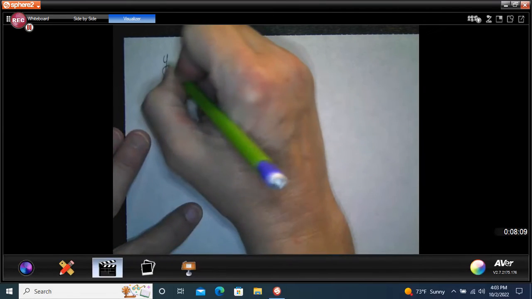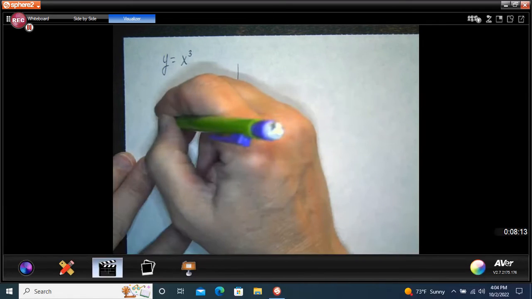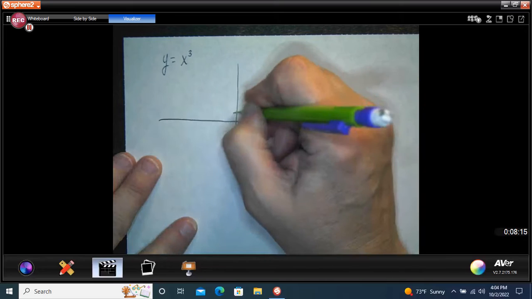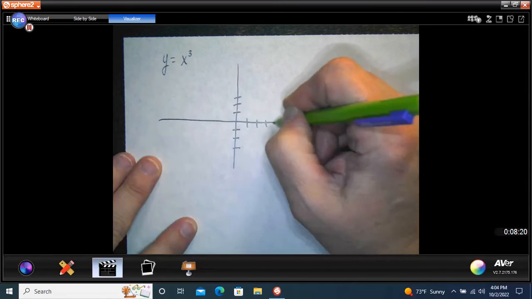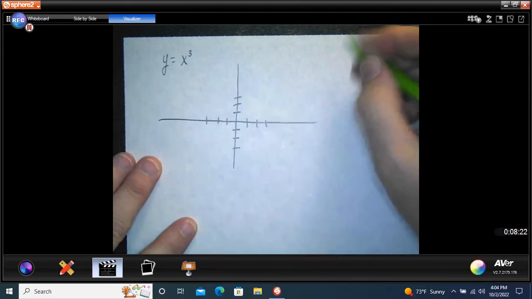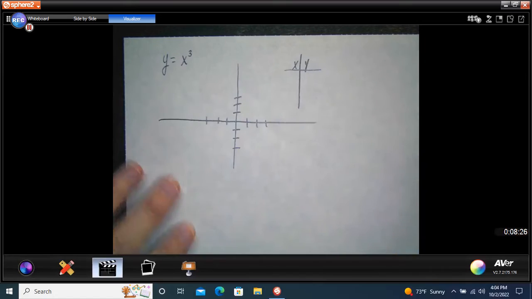If I graph y equals x cubed, I'm going to put a scale on the y-axis, and here's why. If ever I'm given something on a standardized test and I don't know how to graph it, I can always plug in numbers and plot points.